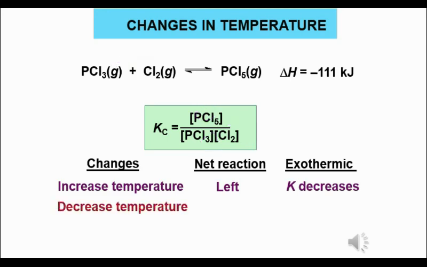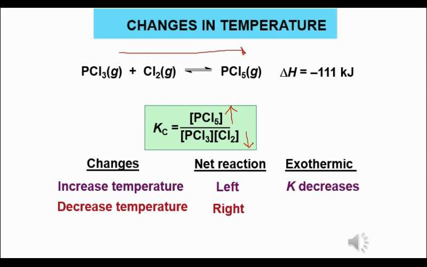What about if we decrease the temperature of the exothermic system? The equilibrium position will shift to the right. What does it mean? It means that our concentration of product will increase in value. Meanwhile, our concentration of reactants will decrease in value.